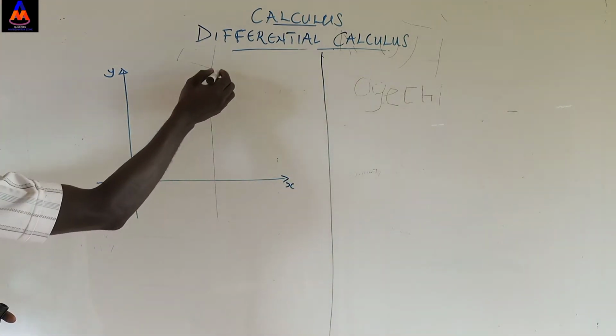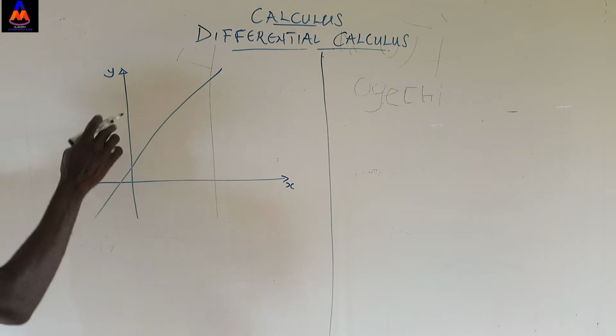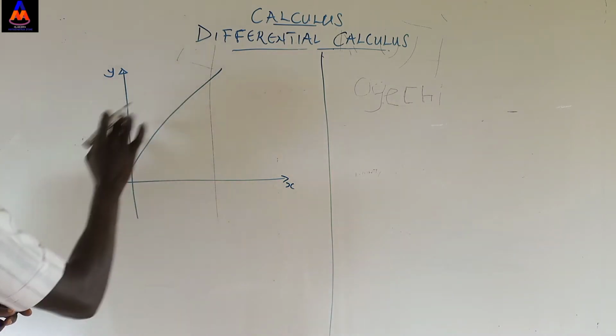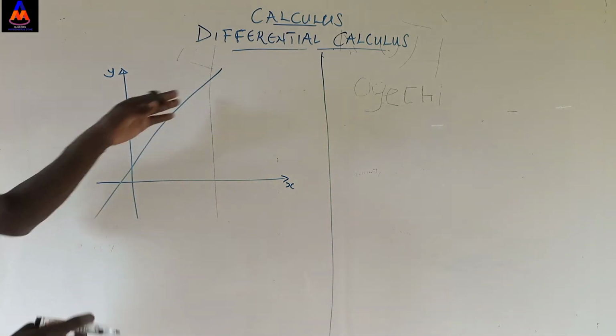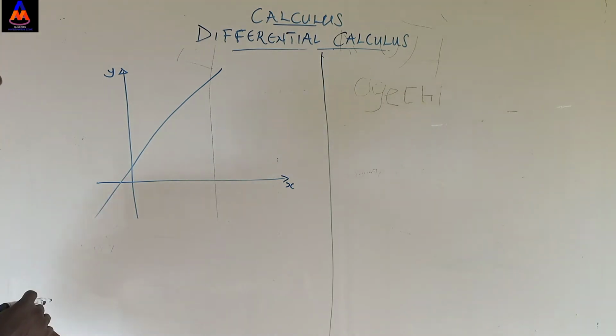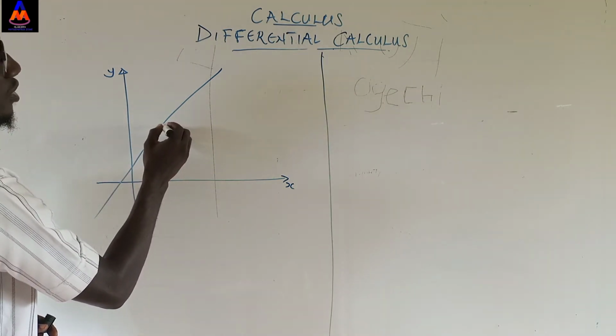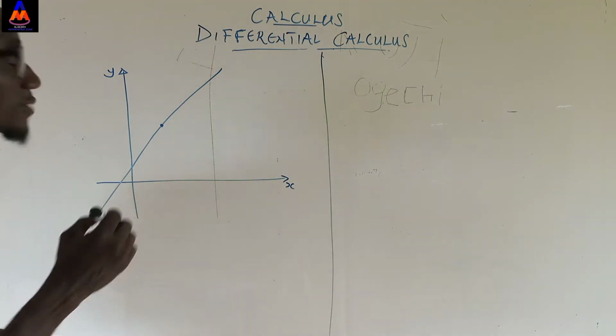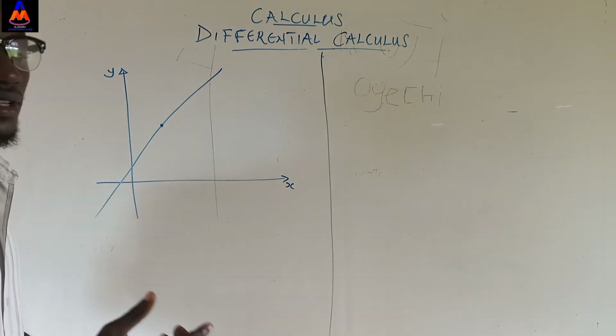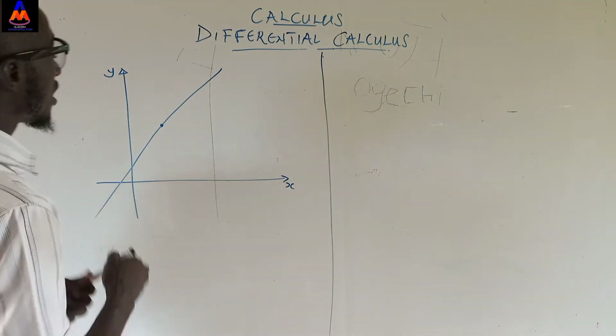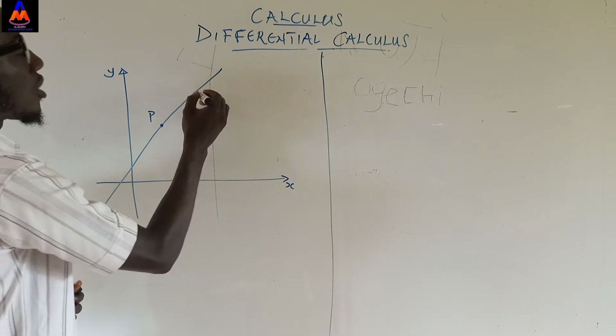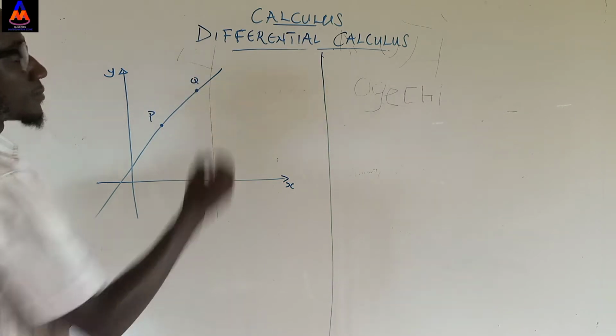And let's assume that we have a straight line graph. It's an assumption. And on this straight line graph, we are expected to find the gradient, or we call it the slope. Then we have to choose 2 points on that straight line graph.